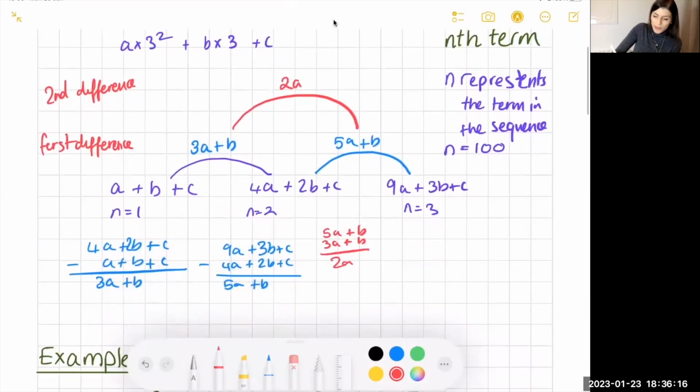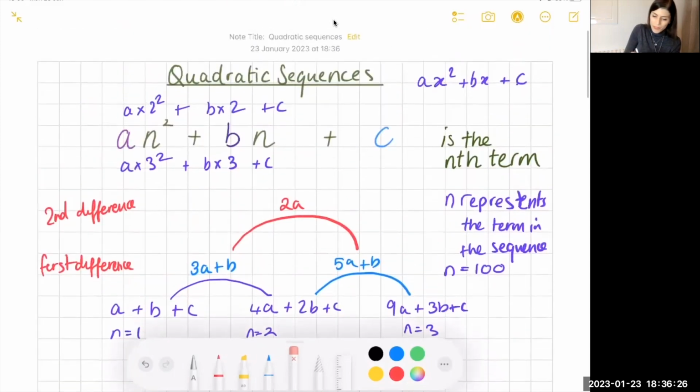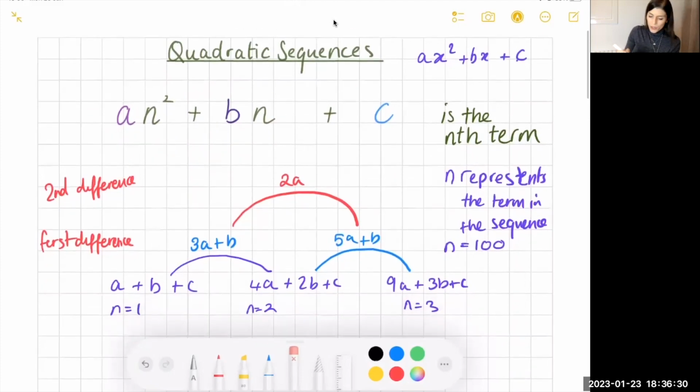So this is 2a. If you're confused, just bear with me, because it's going to get a lot simpler in a second. What I want you to look at here, I'll just remove these as well, is the first term in our sequence, which we will label as a plus b plus c.